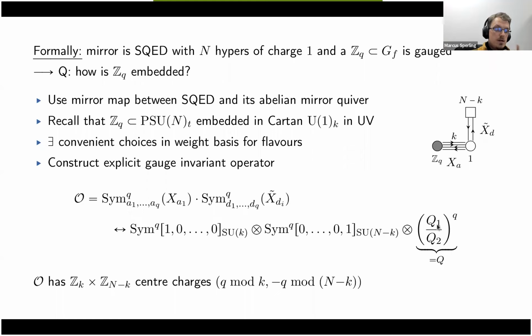The way to think about the U(1) factor is that you can, first of all, assign a U(1) factor for each of the two sets of flavors. Then you remove the diagonal U(1). And then you have a leftover freedom to define how you choose the charge Q. Here the charge Q is chosen such that the operator O, which is the lowest operator charged under this additional U(1), has charge 1.